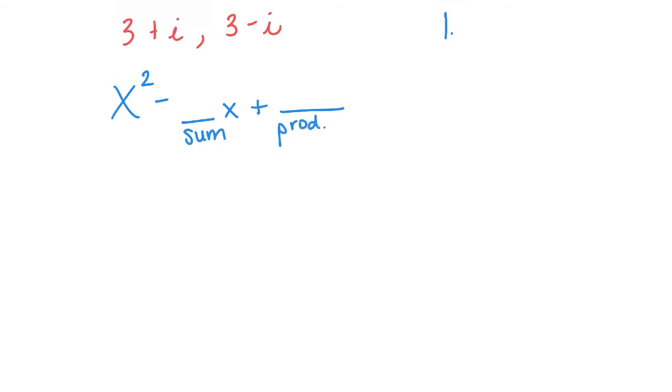All right, so our first step in a question like this is we have to find the conjugate. So the first thing I did was I found 3 minus i. The second thing is I need to find a trinomial.